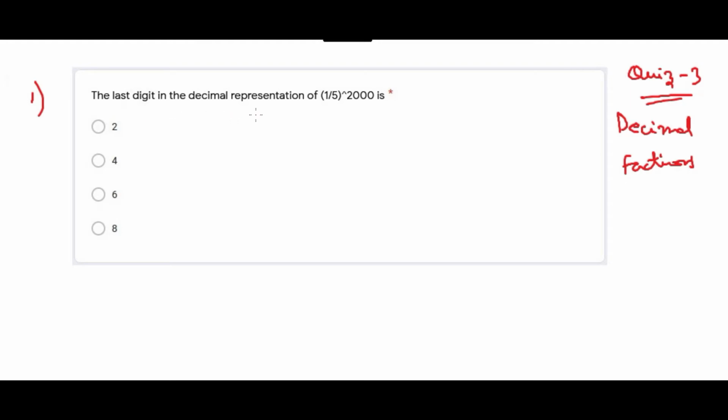The last digit in the decimal representation of (1/5) to the power 2000 is. 1 by 5 means it is 0.2, whole power 2000. 2000 can be written in many ways, so let me write 0.2 squared, which is 0.04.